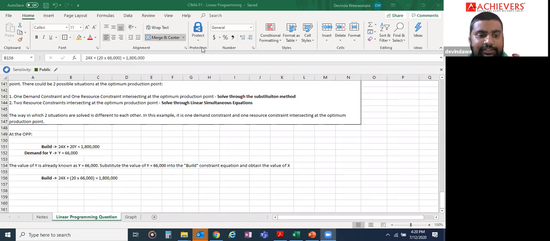Right. So let me explain an easy way of getting this answer through the scientific calculators. This is not only for a linear programming question. This method of using the scientific calculator could be used for any situation where there is an unknown variable.